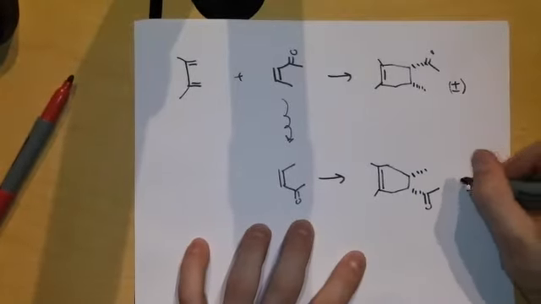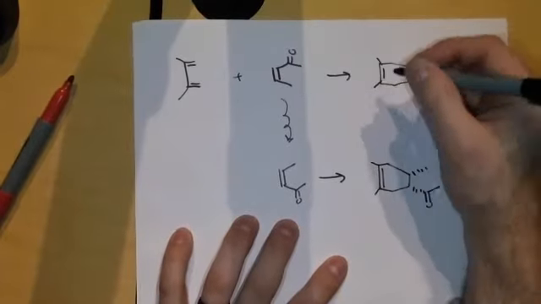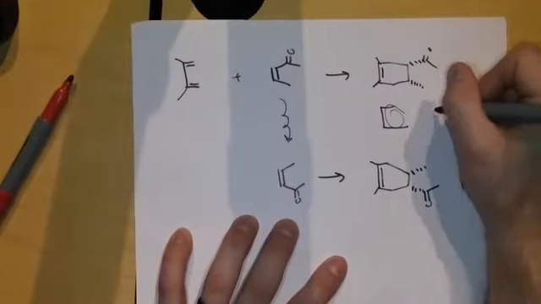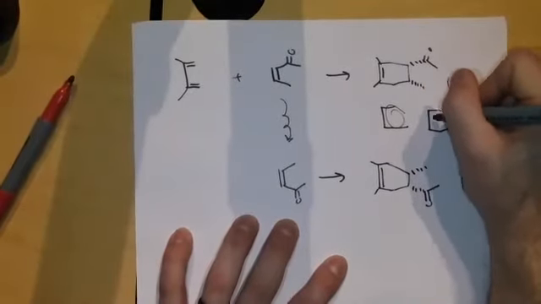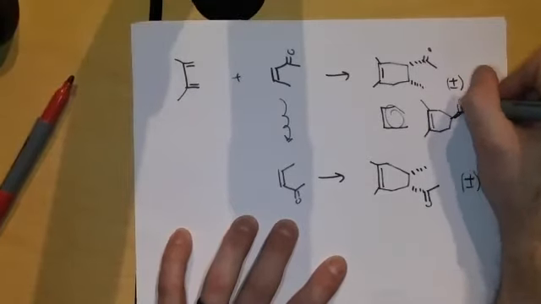And the reason why there isn't two products is because the plus minus version, which I can draw out, is going to be where we flip all our stereochemistry. So these both become wedges.